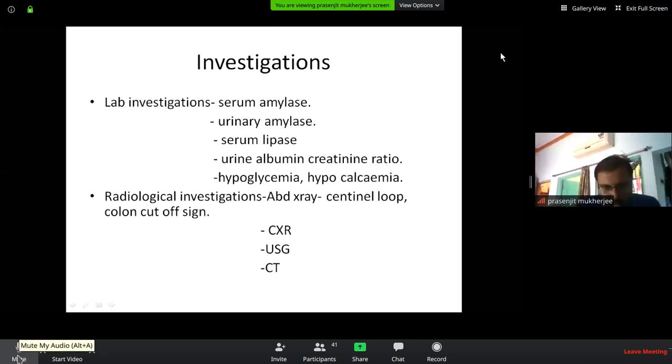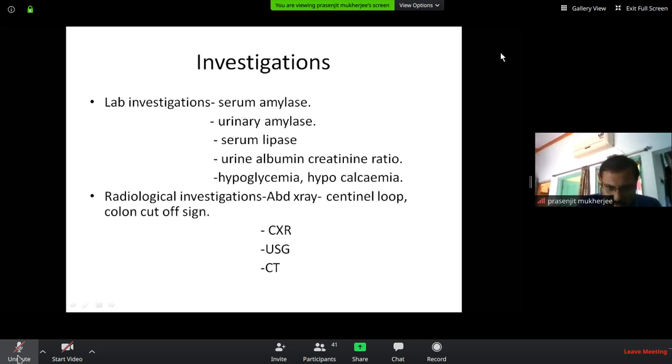You may find dilated jejunum and dilated transverse colon in the straight X-ray abdomen in the left upper abdomen. This is called sentinel loop. This is a classical finding of acute pancreatitis.